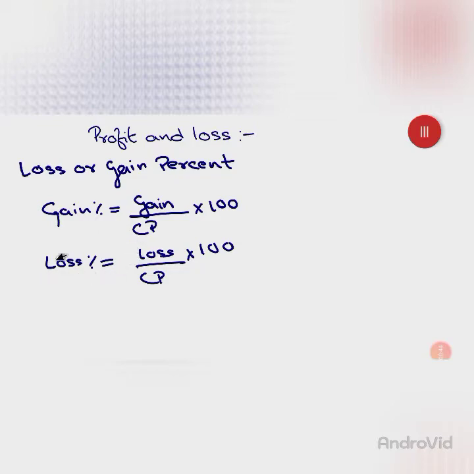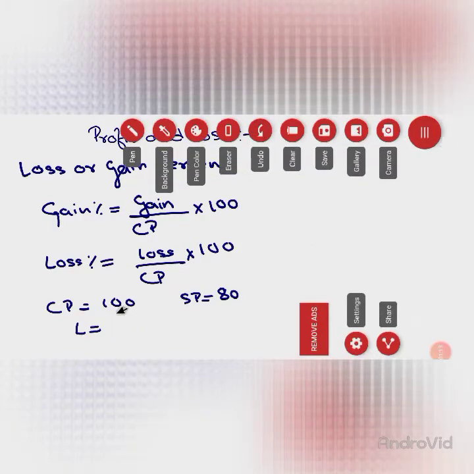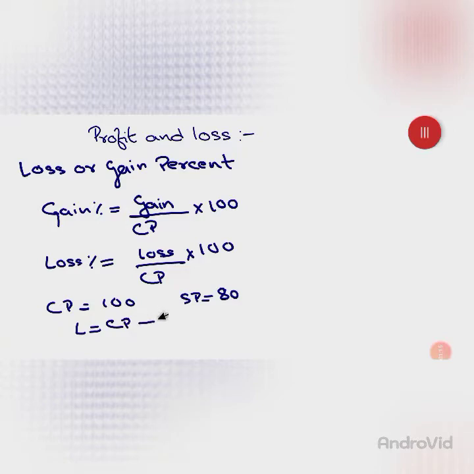Suppose an article is bought, cost price of an article is rupees 100 and it is sold for rupees 80. Here we can see that cost price is greater than selling price, therefore there will be a loss. So formula for loss is CP minus SP.